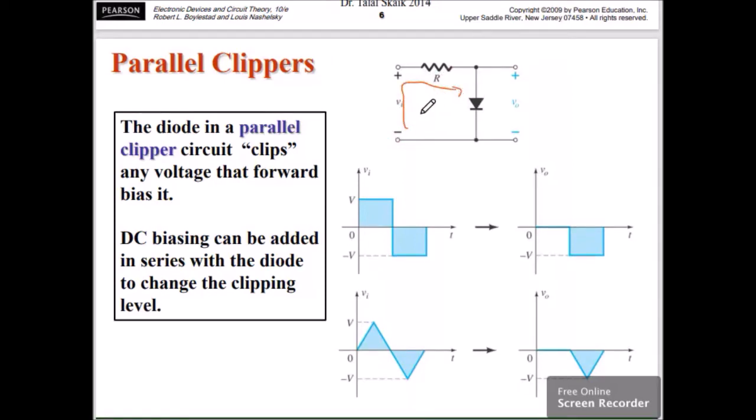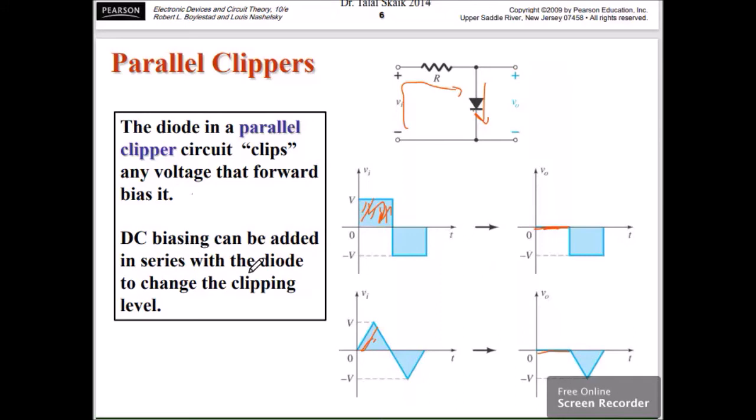So, positive cycle. On the positive cycle, this is what forward biases our diode. And it says that in a parallel clipper, the voltage that forward biases the diode is the one that gets clipped. So, if you notice, this is what forward biases it, but it is what gets clipped. Okay? That is how it is in parallel. We will see later how it gets clipped. Anyway, based on the definition, that is how it is. This is the one that forward biases our diode, so it is the one that gets clipped. Okay? This parallel clipper is a bit weird.